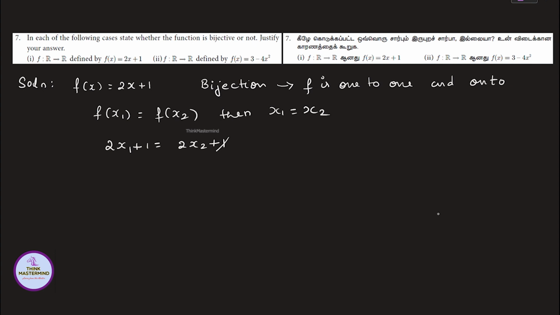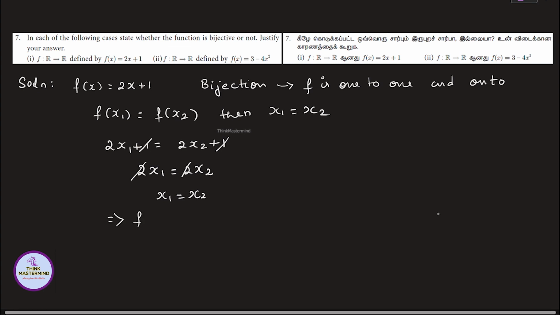So 1 on both sides is cancelled. That is 2x1 is equal to 2x2, and 2 on both sides is cancelled. Therefore x1 is equal to x2. That implies f is 1 to 1.